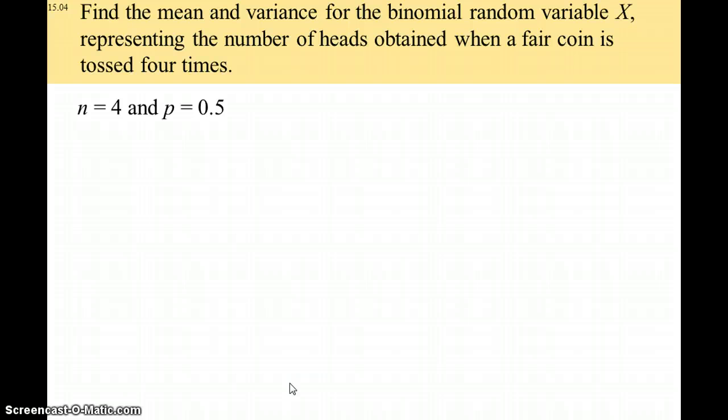To find the mean, we multiply those 2 parameters together. 4 times 0.5, and the answer is going to be, what's 4 times 0.5? 4 times 0.5 is 2.